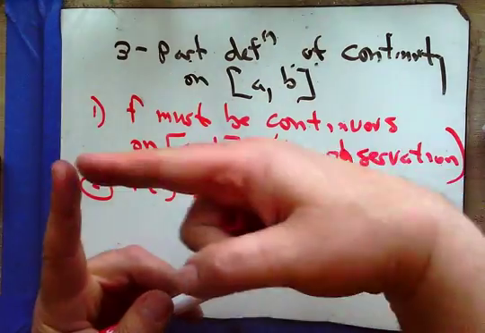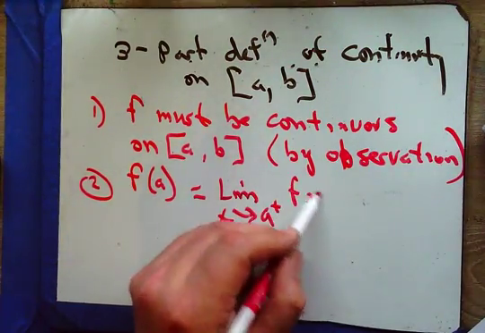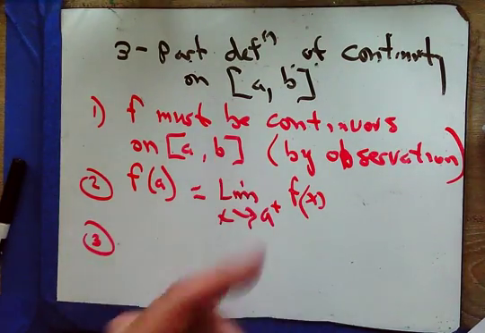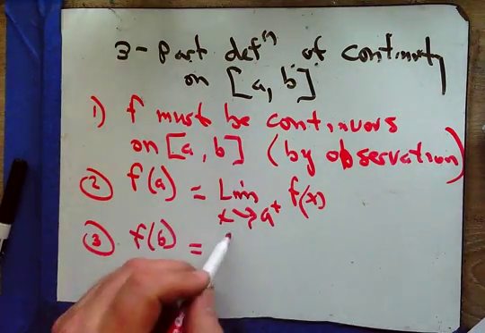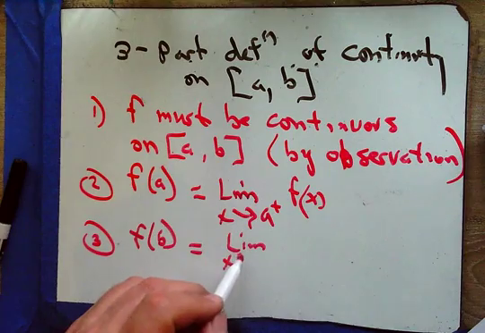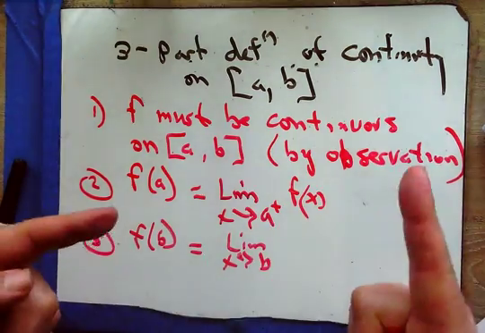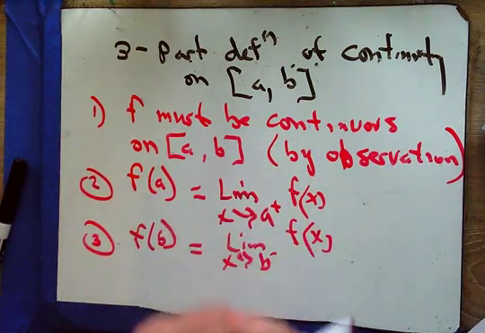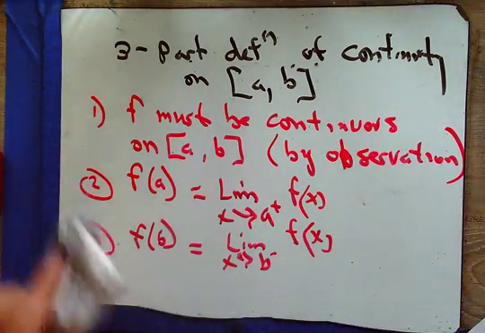Well, a is this endpoint, so I'm coming from the positive side of f of x. And I also need, for the right endpoint, because this was the left endpoint, f of b equals the limit as x approaches b from which side? B is this endpoint, we're coming from this way, so we're coming from the negative side of f of x. Okay? So there's our three-part definition of continuity on a closed interval.